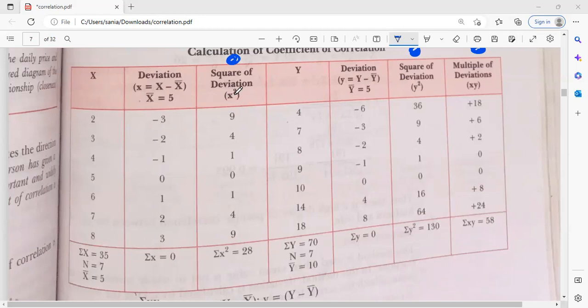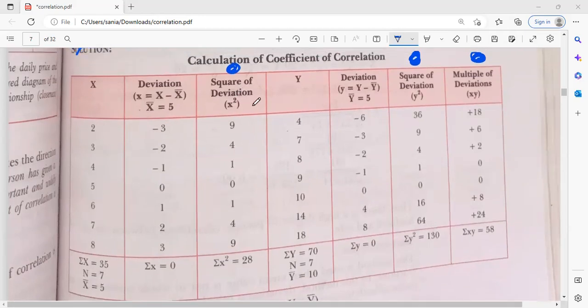See, you have to square the deviation. This small x is a deviation, na? So square of small x. Oh. Okay. This one is not deviation, big X. Okay. Ritika, you got the same answer. Check your answer quickly.